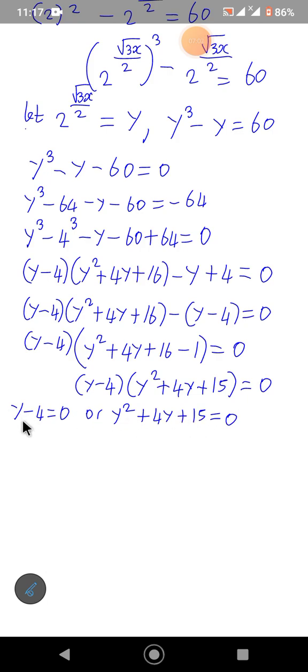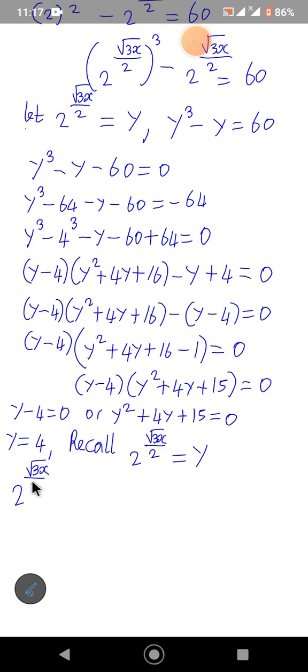So from here I can simply say that y is equal to 4. Then our next step will be to recall 2 raised to the power of the square root of 3x all over 2. We said that it's equal to y, right? Then from here, I can say that 2 raised to the power of the square root of 3x all over 2 will be equal to y, and y is 4.